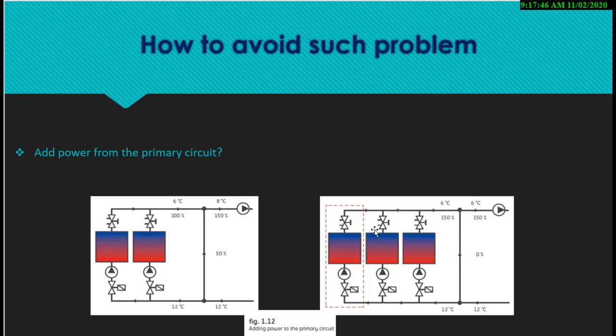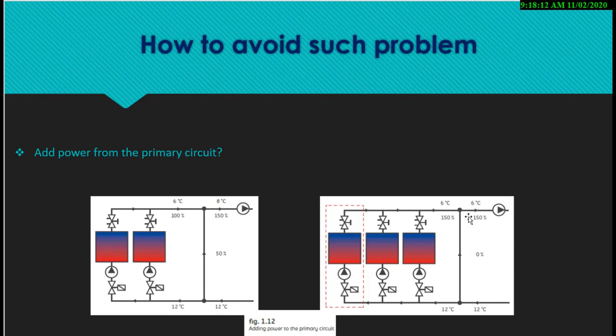So adding another 50 flow rate will align the flow rate between production and distribution and make it possible to reach design delivery temperature. Here we required 6 degrees and we are getting 6 degrees, but with an excessive flow rate in distribution.